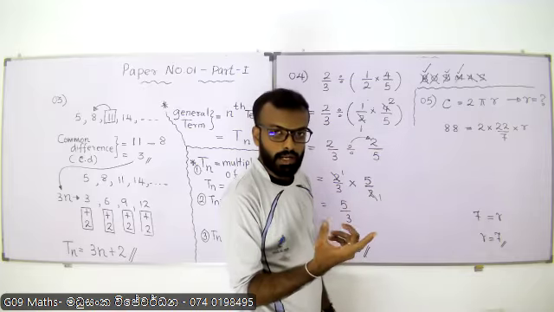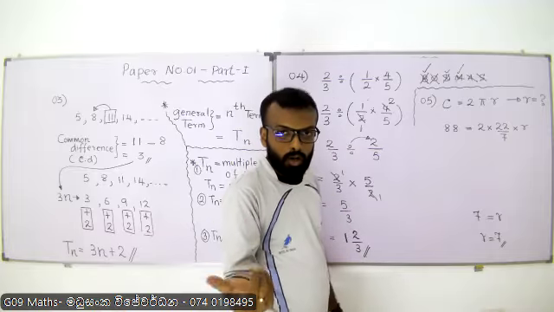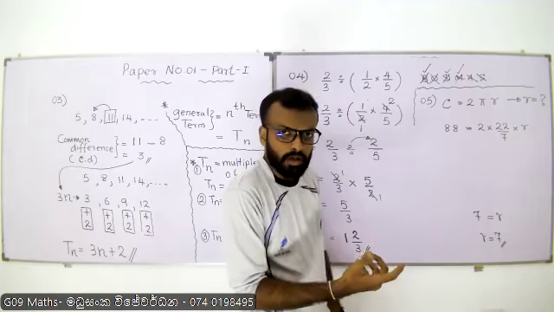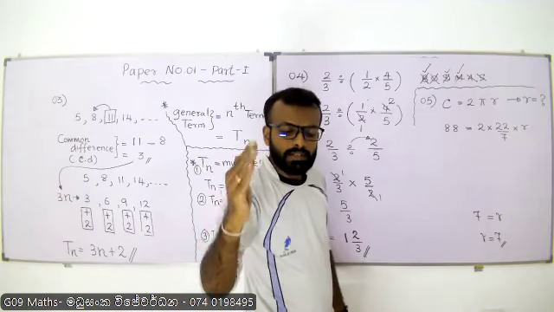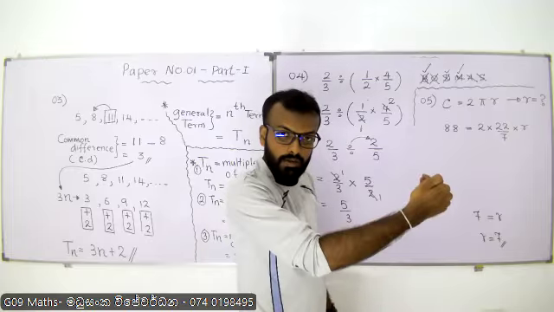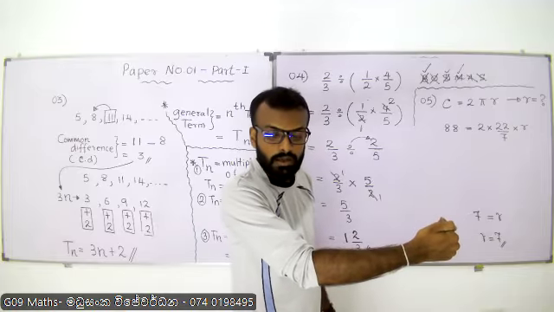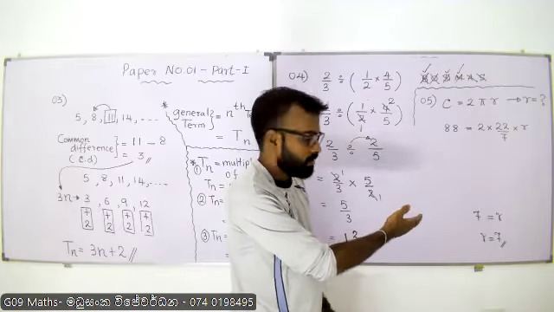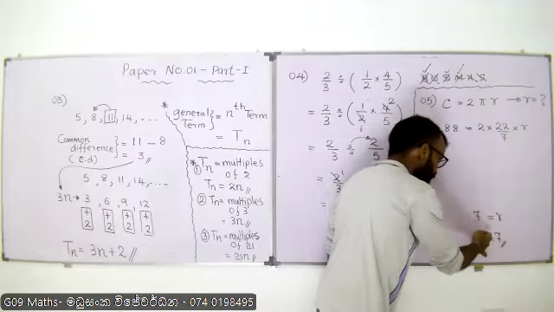When you are providing an answer for an unknown term at the end of the question, you need to keep your answer in the standard method. Because after A levels, you are going to the university, and in that step also, you keep the answer in this standard method, not this.